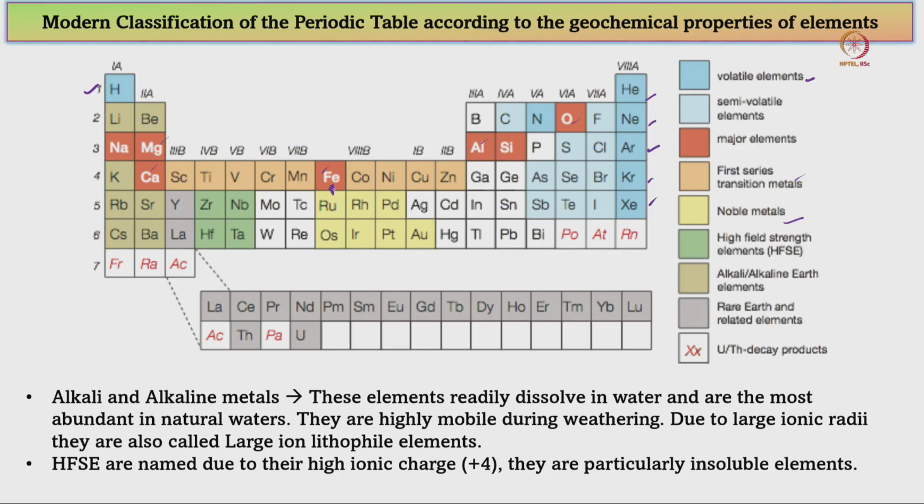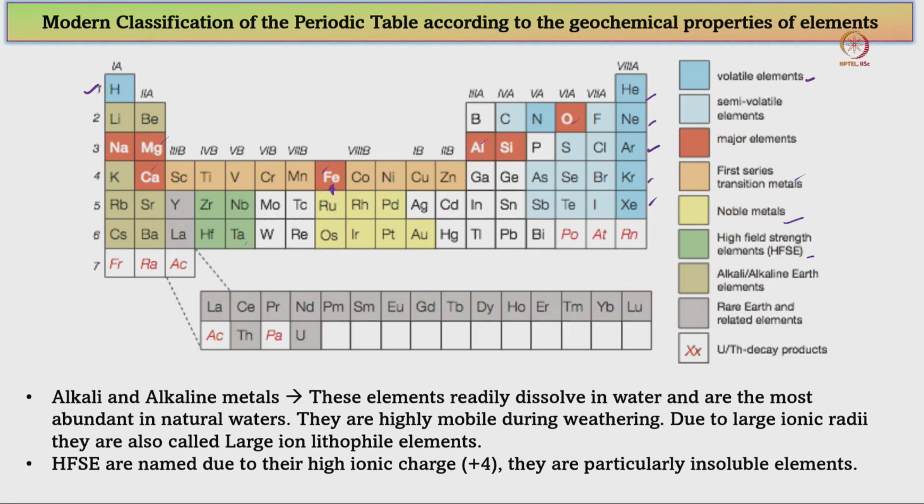Then we have a small group of elements which is called the high field strength elements, the HFSE, another very different group of elements. Here we have zirconium, niobium, hafnium and tantalum.